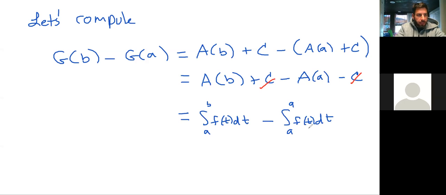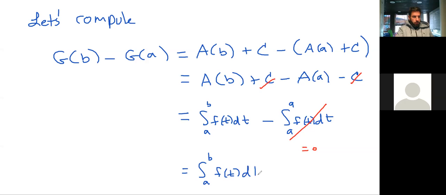That's how we defined it. This is just equal to 0. And so what we have now is a beautiful relationship. We have that the integral is nothing more than the difference of two numbers.